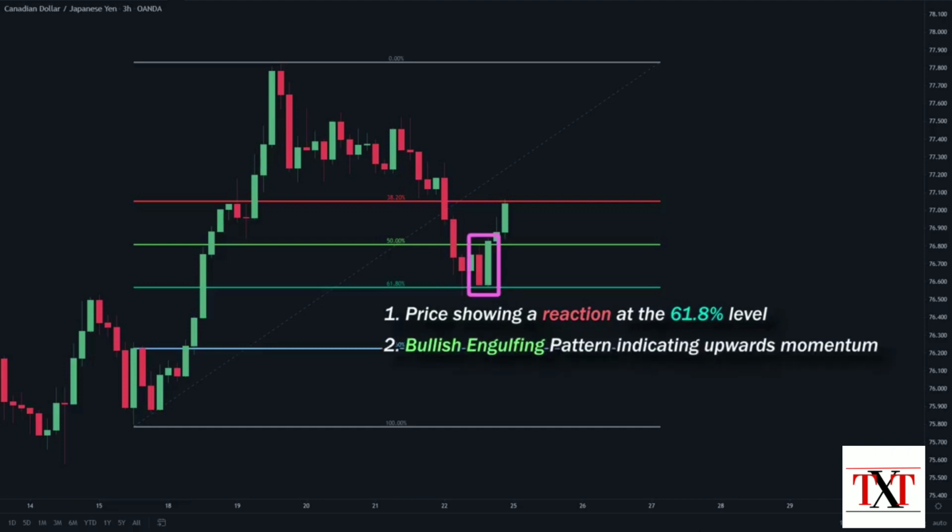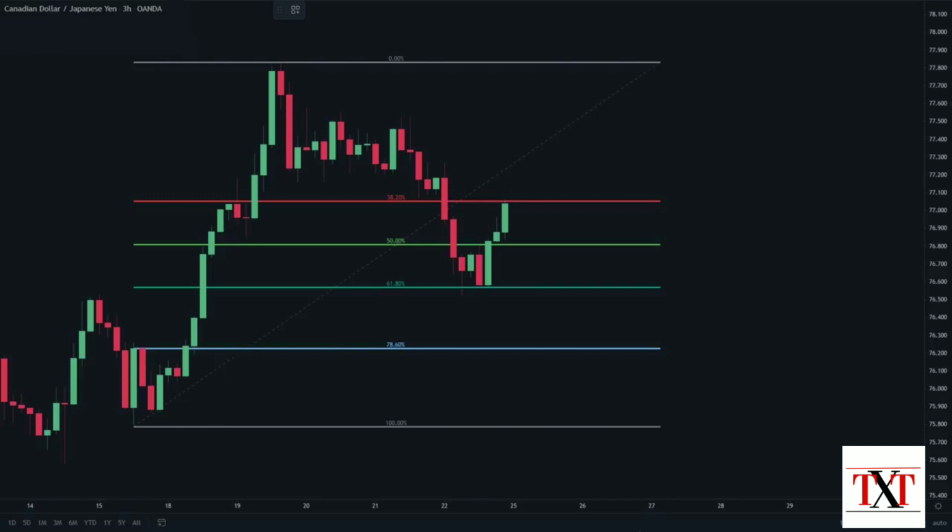Then, we have a bullish engulfing pattern indicating that there's some sort of upwards momentum at this level. And finally, we have multiple green candles breaking above the resistance at the 50% level, which further confirms the upwards momentum that we already have. So based on the price action, it is likely that the price will bounce off at this level. And so this is a good opportunity to take a long position.